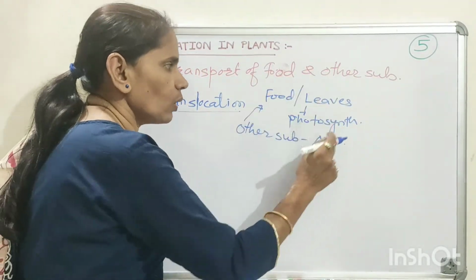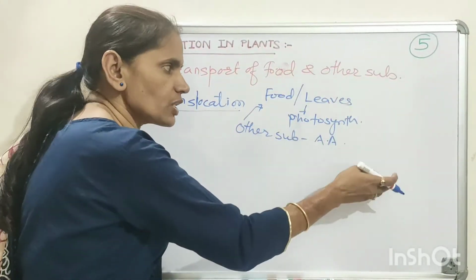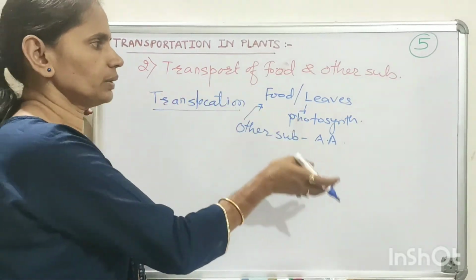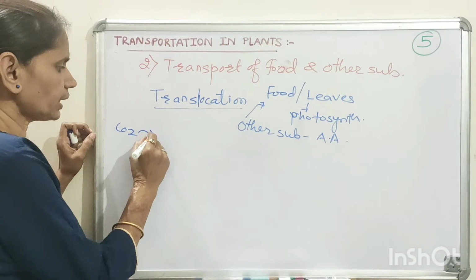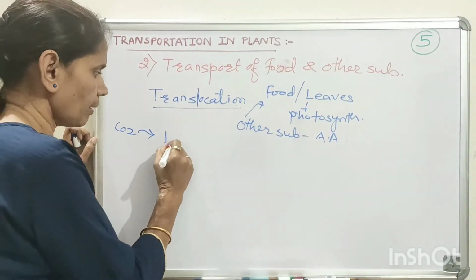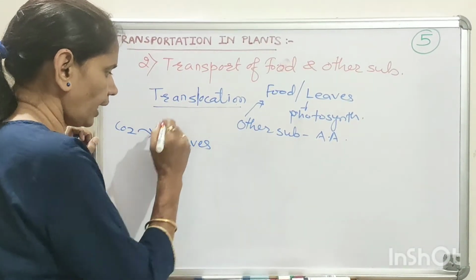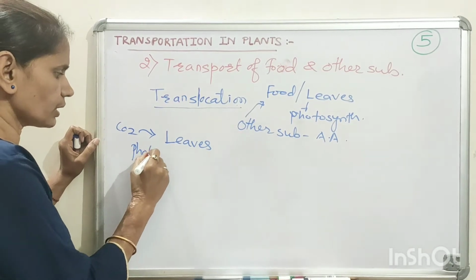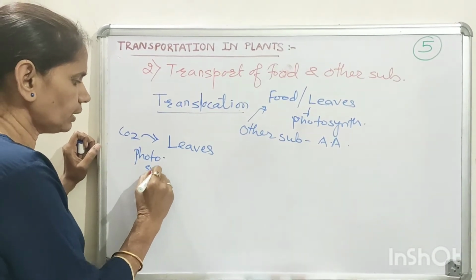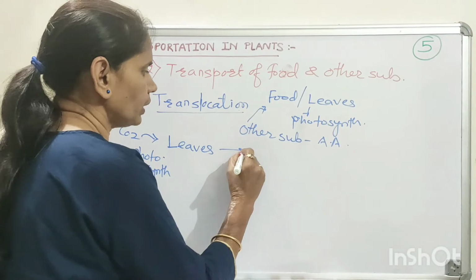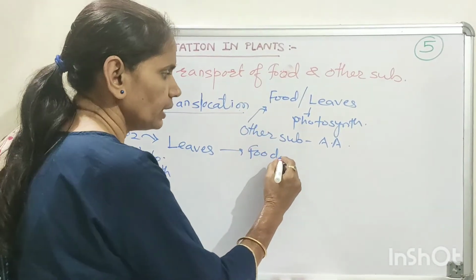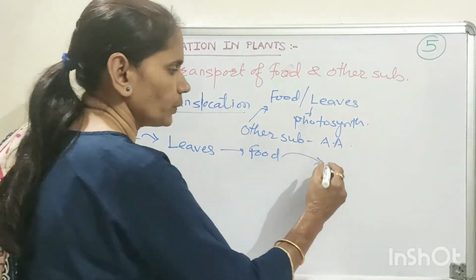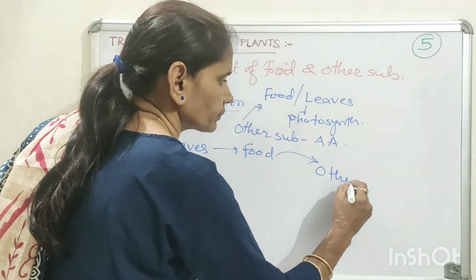So all these components are transported throughout the other body parts. Now what happens? The carbon dioxide is taken up, it is utilized by the plant leaves, and the process here is photosynthesis. So here the leaves form the food. Then along with this, the food is transported to the other parts.